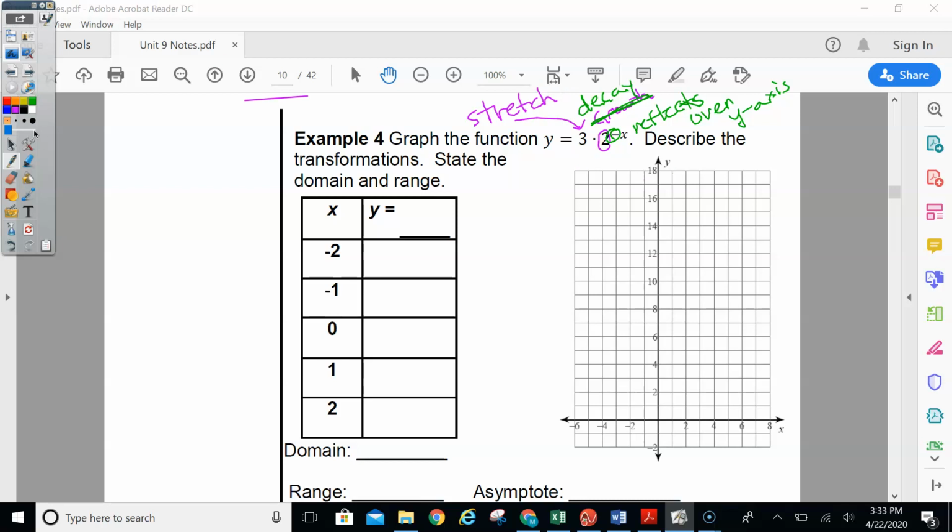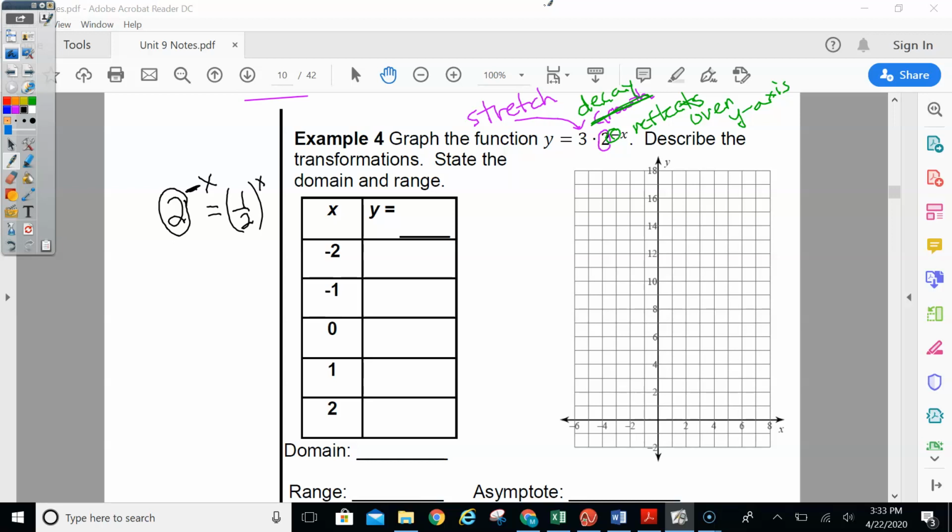If you think about this part, 2 to the -x, the negative, remember, makes the reciprocal of the base. So instead of writing it like this, I can actually write it as the reciprocal of 2, which is a half, to the x power. So a negative exponent just does the reciprocal of the base.